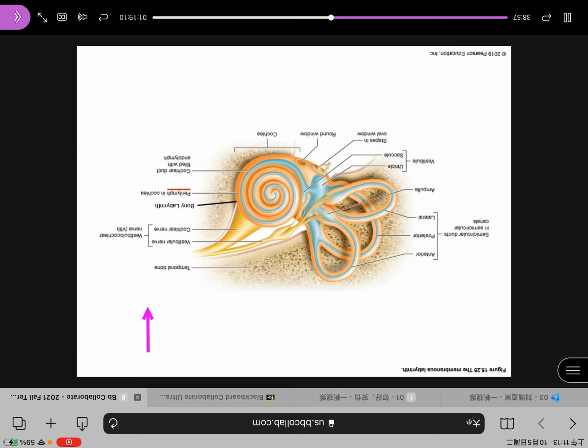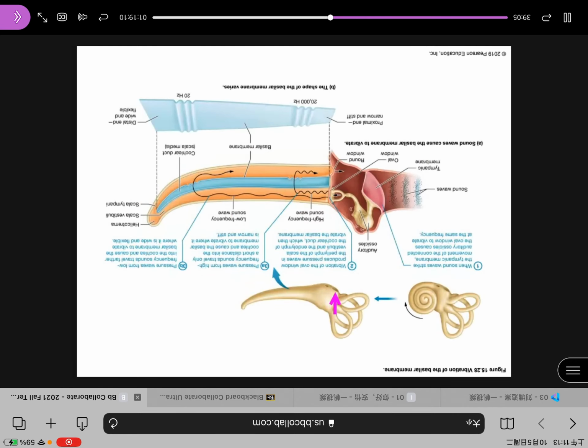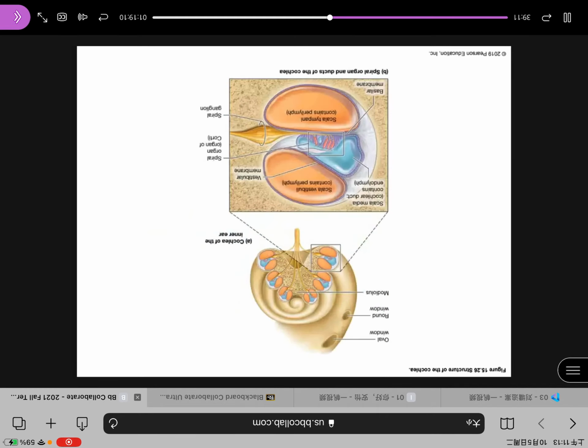See the orangish color? So within your bony labyrinth, within this bony part of the inner ear, here you can see the bony labyrinth. Inside of it, you have perilymph. Once again, here you can see perilymph represented in orange color, kind of a honey colored or pineapple color.